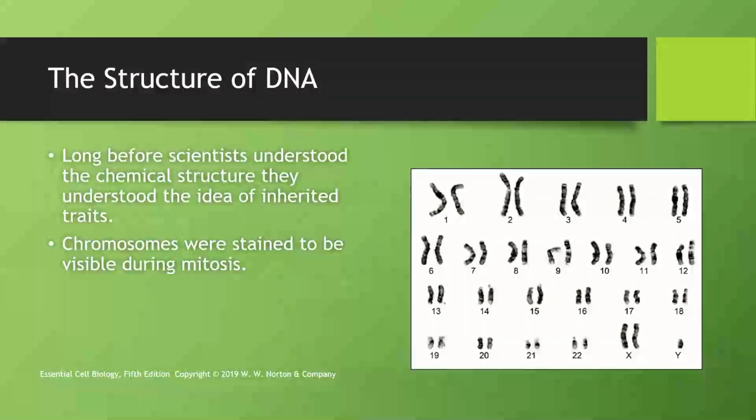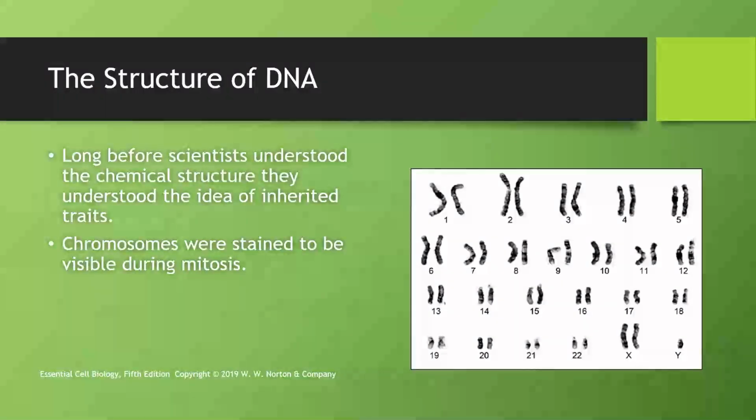So long before scientists understood the biochemical structure, they understood the idea of inherited traits. So again, thinking back to Gregory Mendel, the idea that we have yellow pea plants and green pea plants, tall ones, short ones, even just basic ideas that if you look at a child and see the parent, you begin to pick out distinct traits and know exactly where they came from.